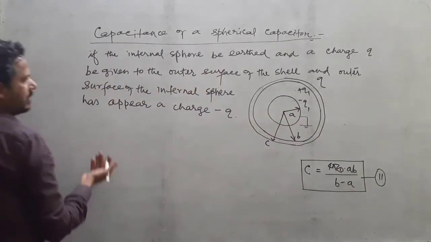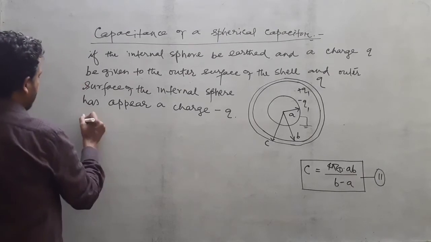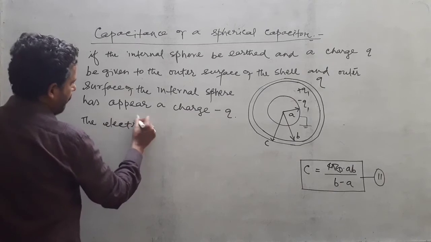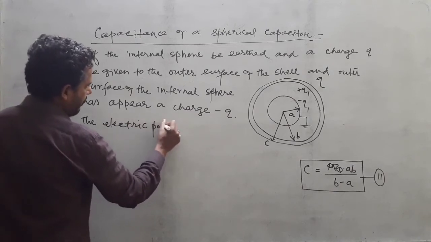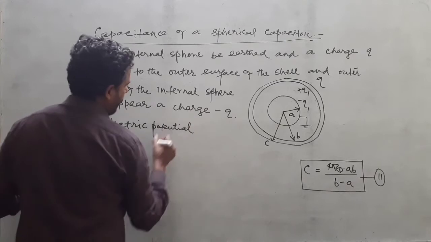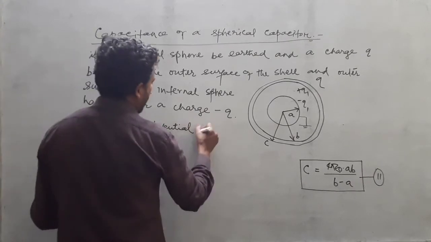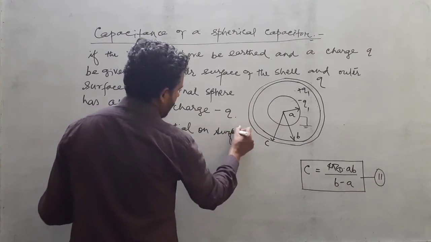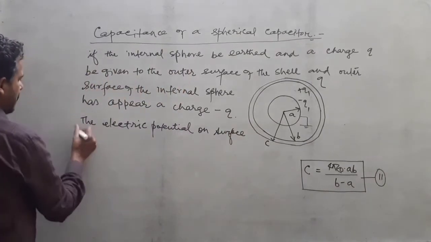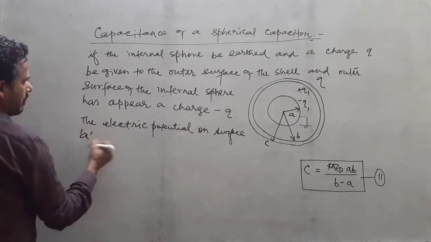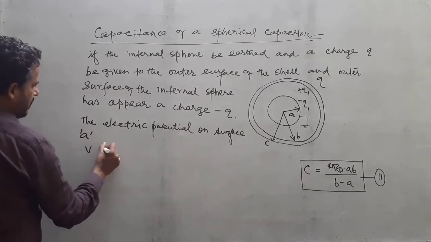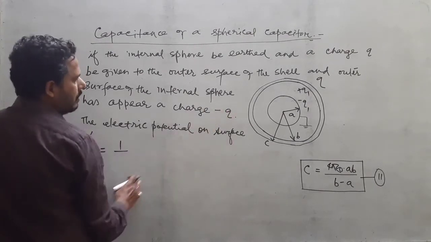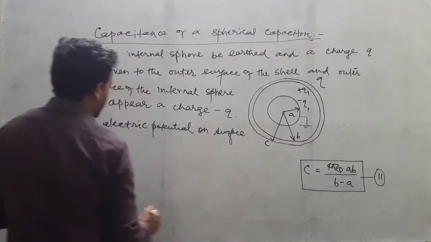So I am going to directly write the electric potential on surface a. We have discussed in the last chapter, electrostatics, how we can find it.